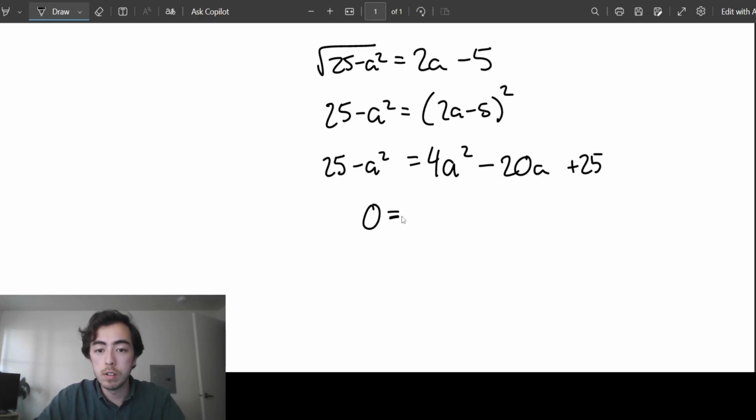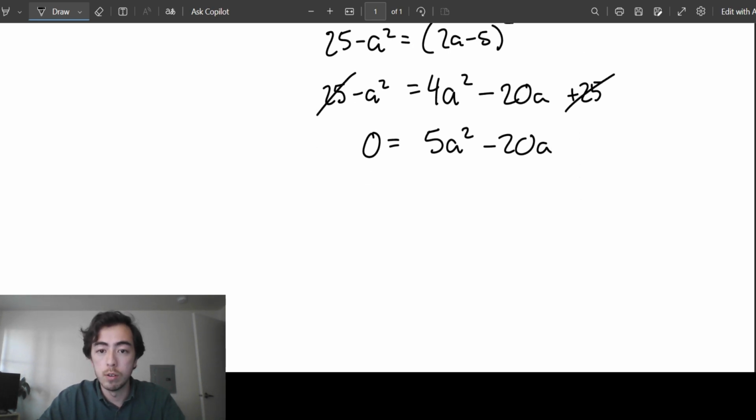Let's set it equal to 0. That's usually a good strategy with quadratics. We're going to add the a squared over here. We're going to subtract the 25 from both sides, so these both go away. And now we could factor out a 5, or I guess I could just divide both sides by 5 as well, and that's not going to change the left side.